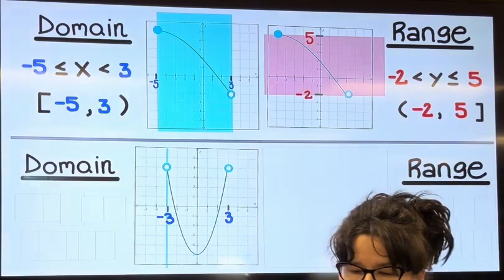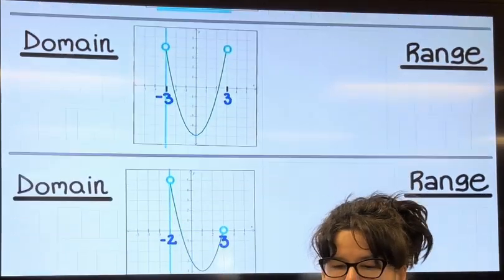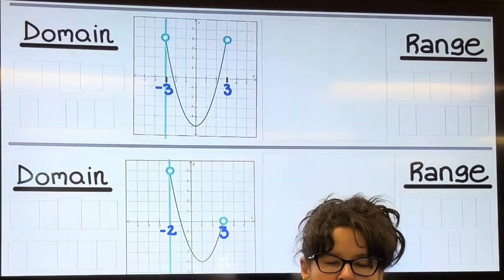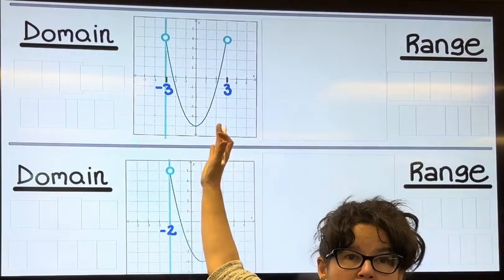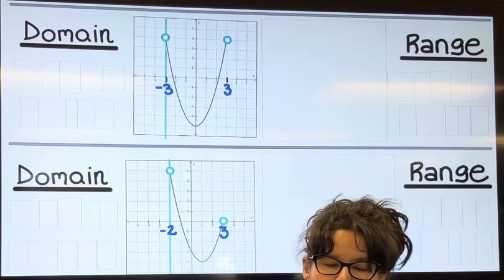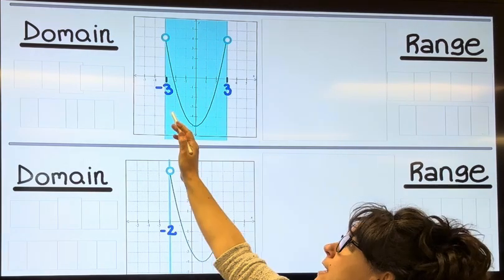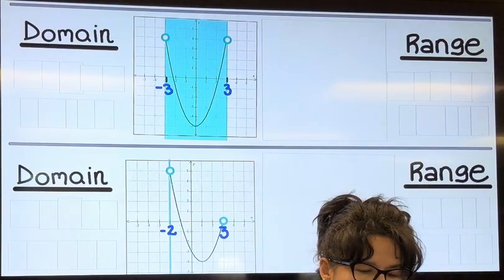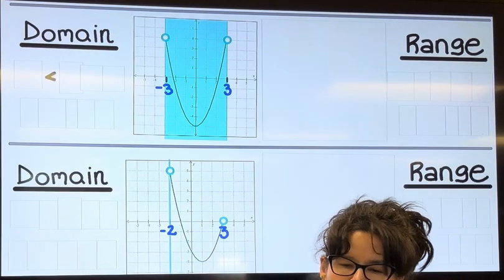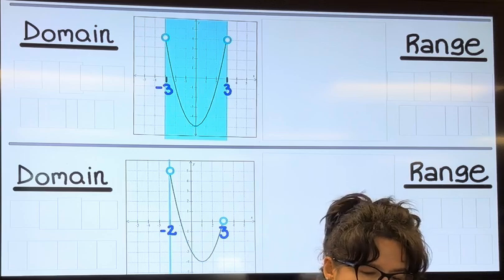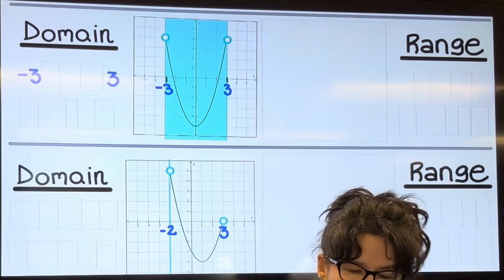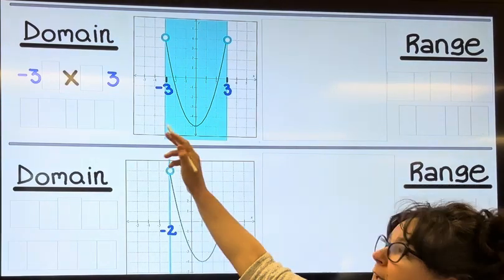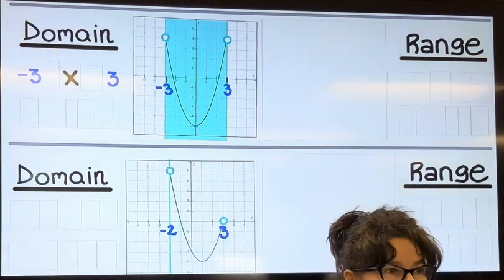So let's do a couple more of those, a little bit quicker this time. Looking for how far left and how far right we can go: the furthest left I can go is -3, and the furthest right I can go is 3. So my answers for the domain are going to come off of the x-axis. These are x's, and our x is sandwiched between -3 and 3.